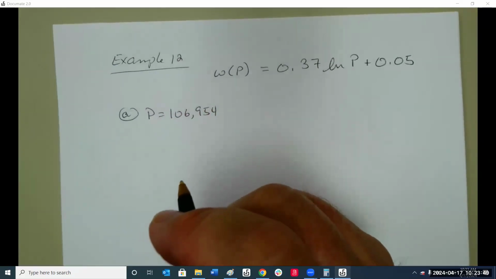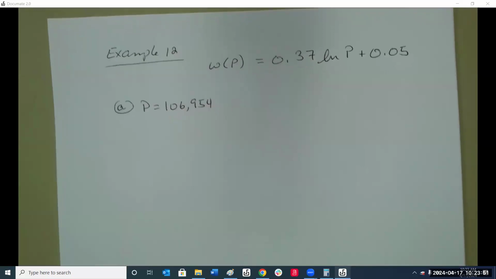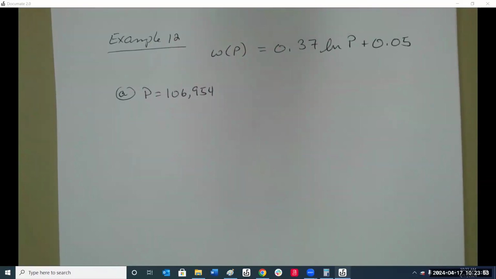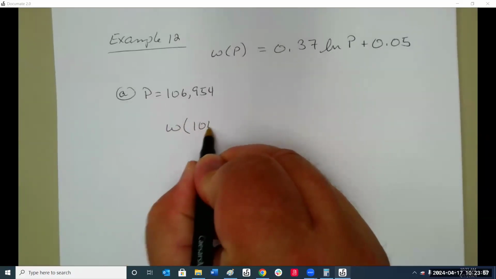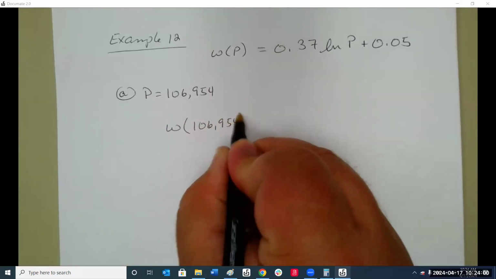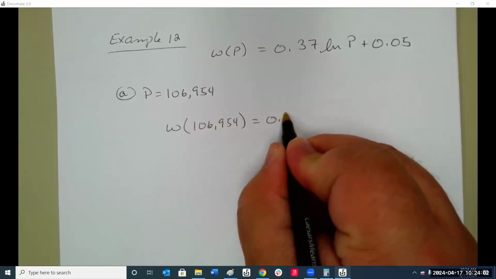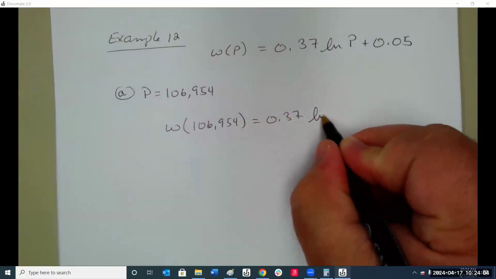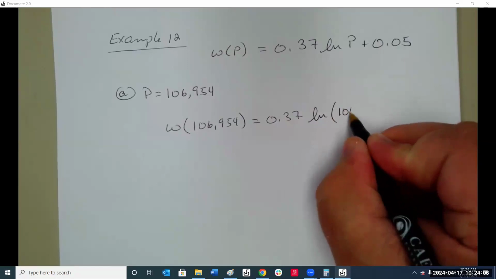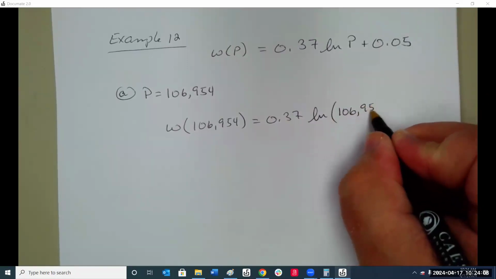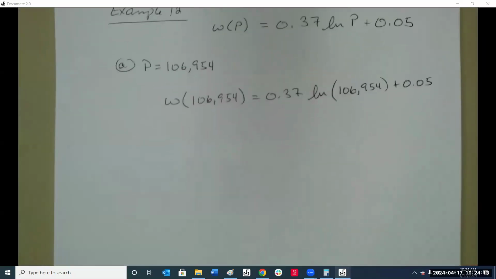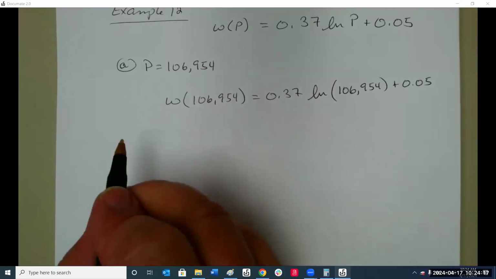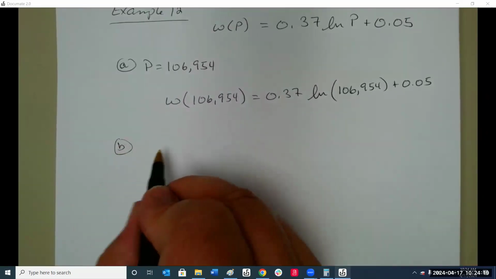Find the average walking speed of a person living in Billings. All it's telling us to do is put 106,954 into our equation. So the ln of 106,954 plus 0.05. And we'll do the same thing with B.